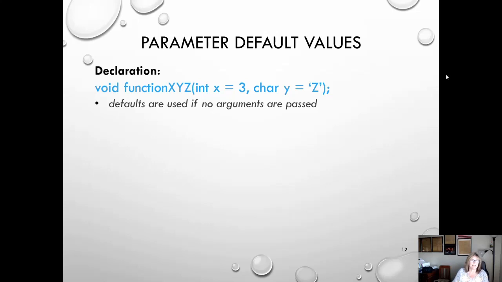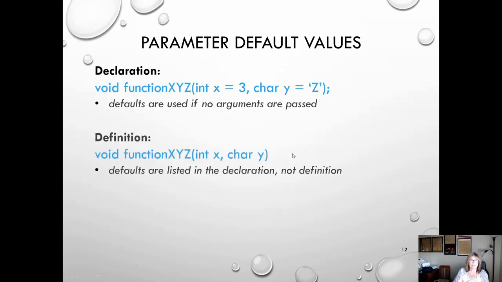So this is an example of what that definition might look like. Notice in the definition itself, if I am doing a declaration and a separate definition, we don't need to default those values. We would list them in the declaration, not the definition.